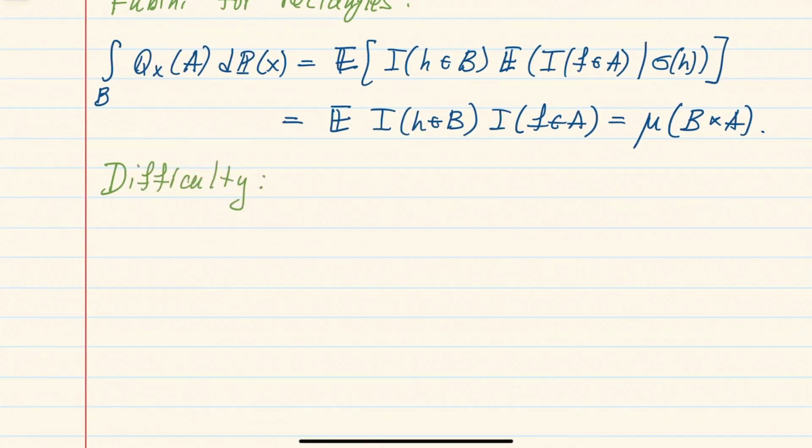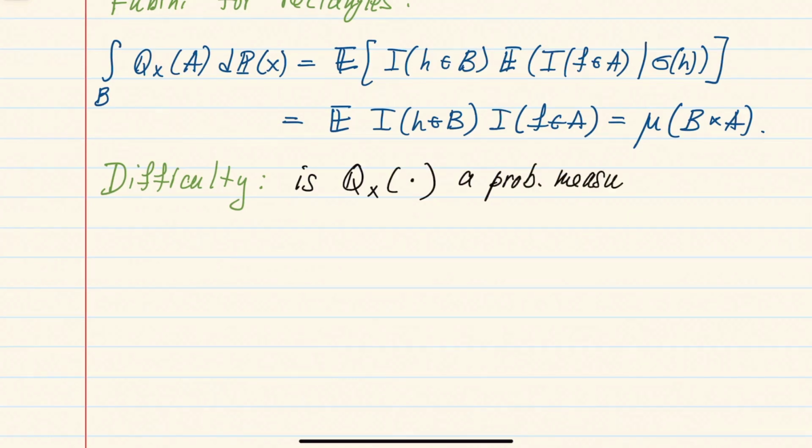Namely, the transition kernel should be a probability measure for all x, right? And if we look at this question, is this Q viewed as a function of the set of measurable sets? Is this really a probability measure for all x? Right, that's a requirement.